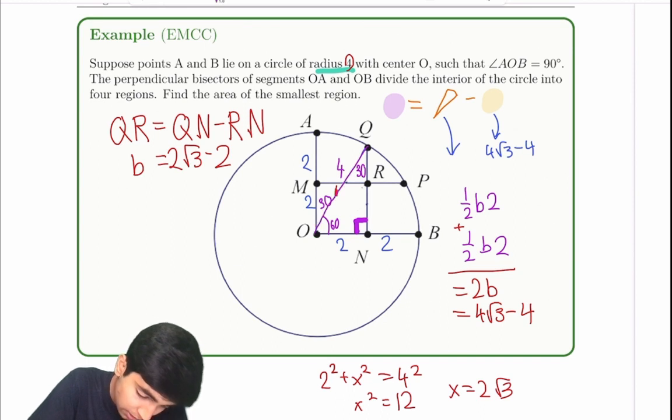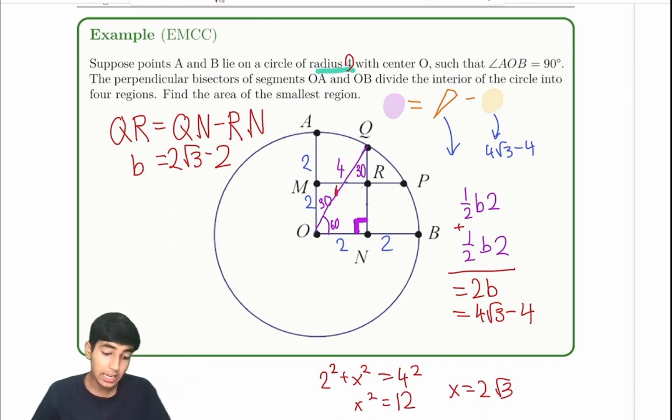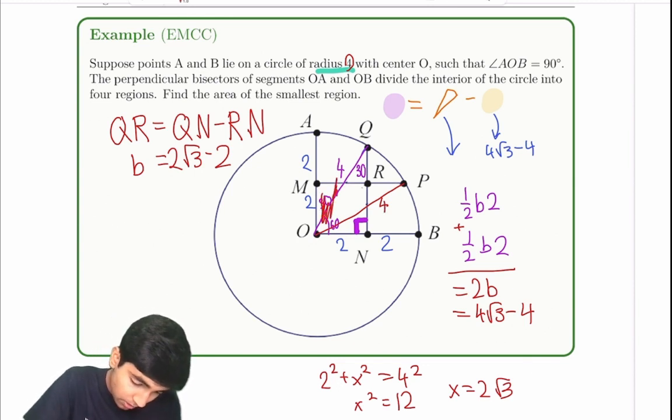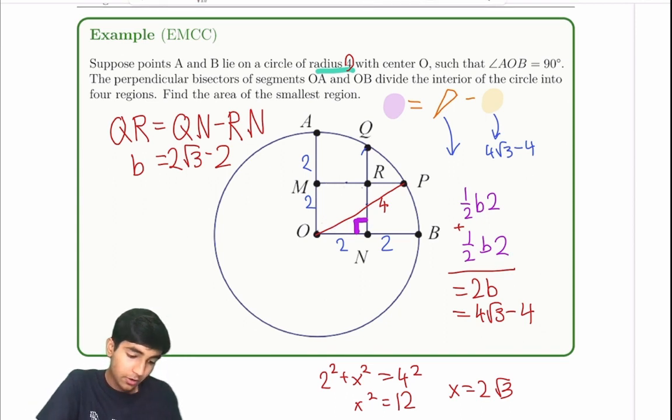Now, another thing we can do is construct another one of such triangles. So if we do this triangle over here, we have the same thing. This is also a radius, it's 4. So 4, 2, that's double the ratio, and it's a right triangle.